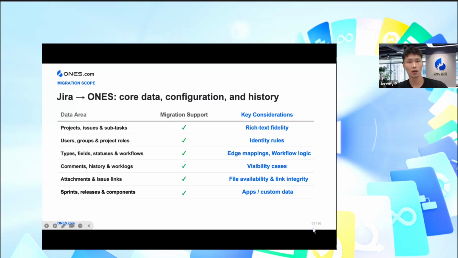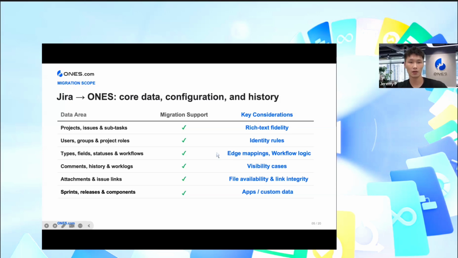For example, some customers might be using plugins in Jira that we need to identify and assess, to see where the data needs to be migrated and how we can migrate it. We also need to define clear rules like user identities, field mappings, workflow permissions, and some of the post functions.